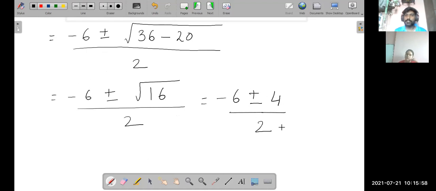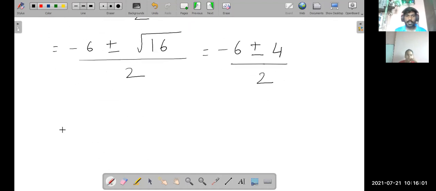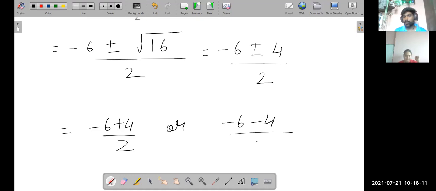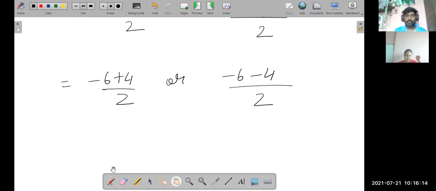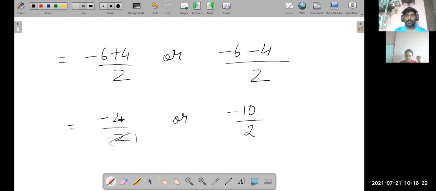Now you separate plus and minus. So x equals minus 6 plus 4 upon 2, or minus 6 minus 4 upon 2. Minus 6 plus 4 is minus 2 upon 2, or minus 6 minus 4 is minus 10 upon 2. So this will be minus 1 and this will be minus 5.